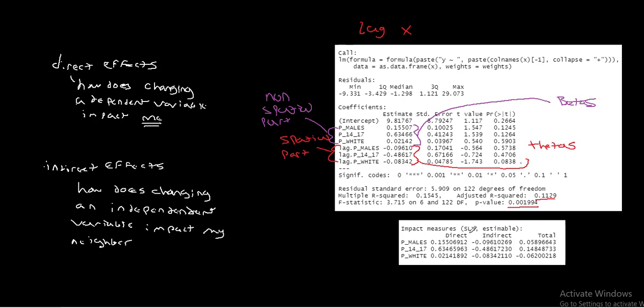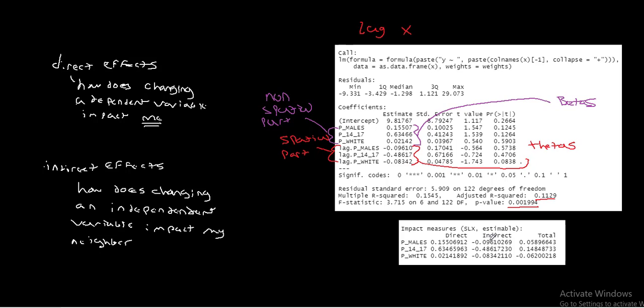If we were to take these as truth, we would say that raising the percentage of males in my, in this case, block group, raises the percentage of vacant housing, because this has a positive association. But if I raise the number of males in mine, it actually decreases the vacancy in my neighbors.